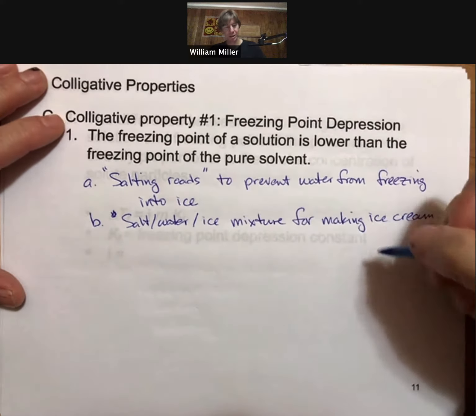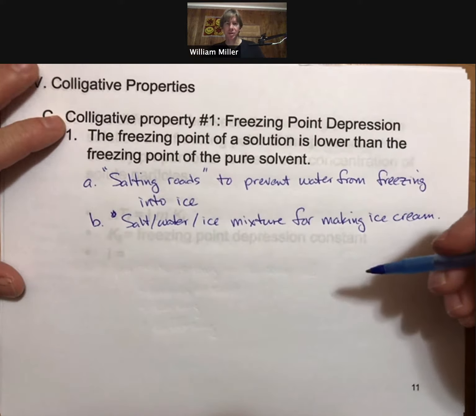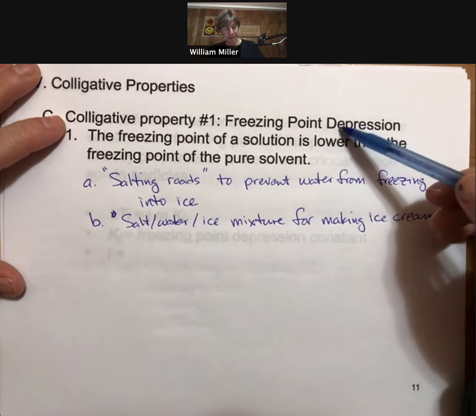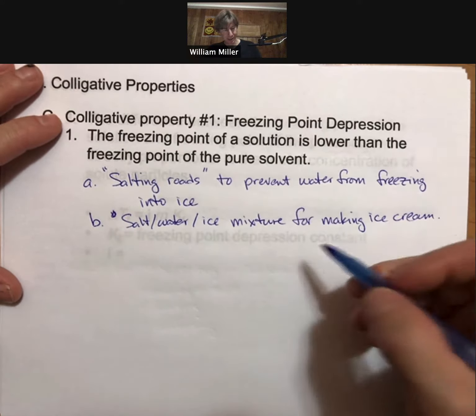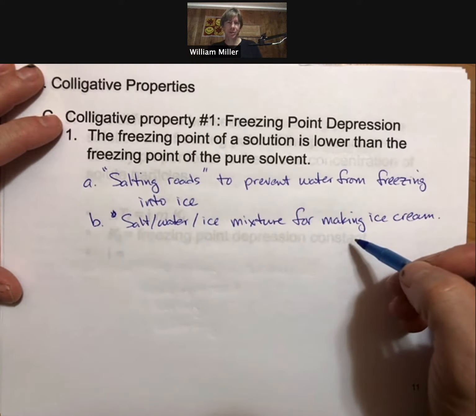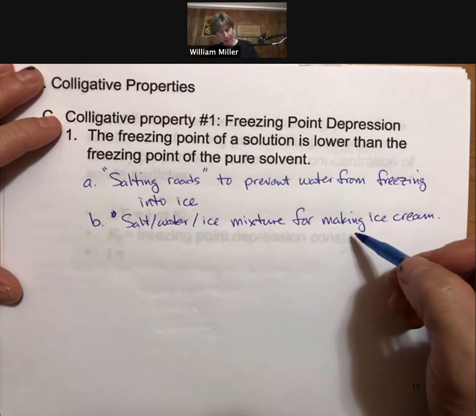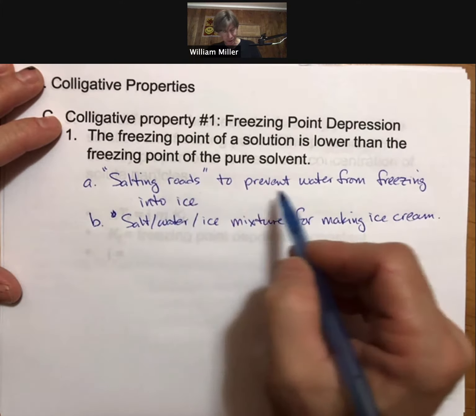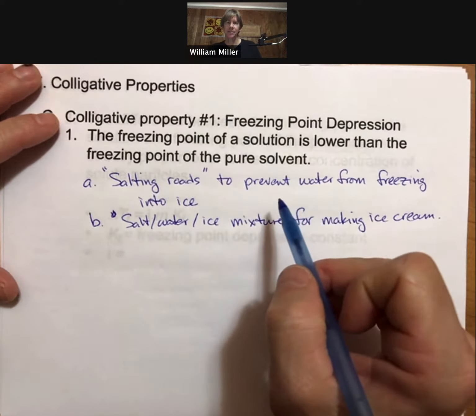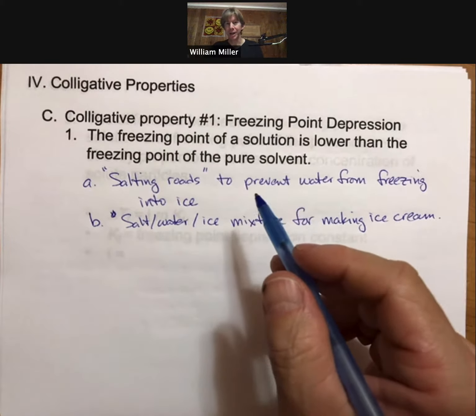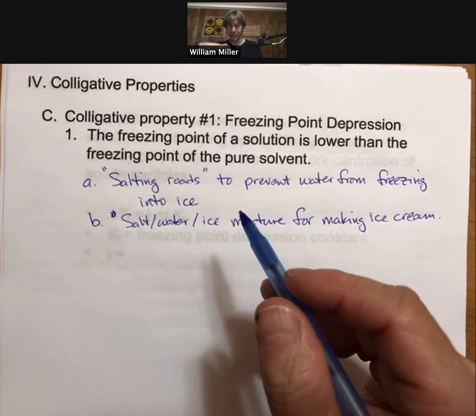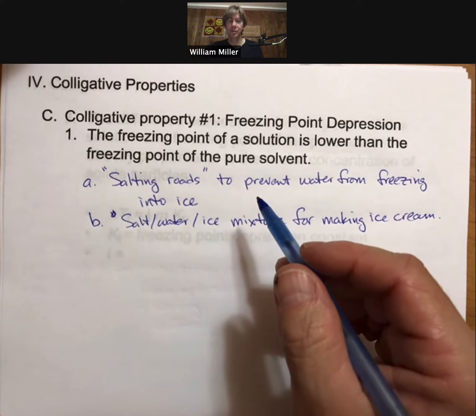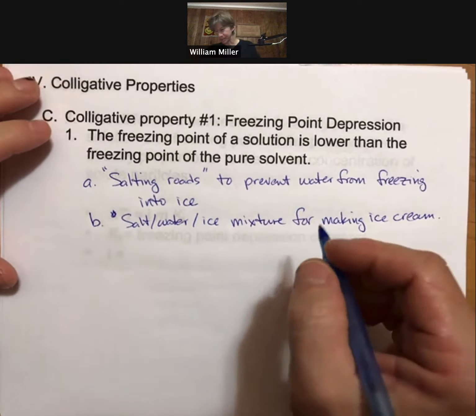Both of these work by using the salt to depress or lower the freezing point of the water. In the ice cream, it lowers the freezing point enough so that the ice cream can freeze. And in salting the roads, it doesn't work with ice, but once the ice melts, the salt gets into the water, and then it makes it only freeze at a lower temperature.